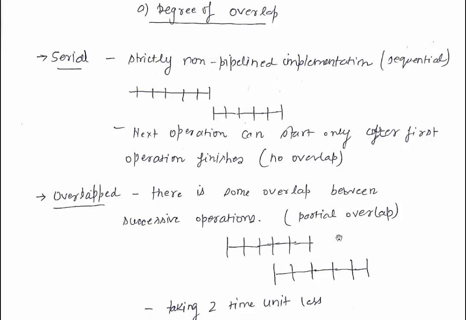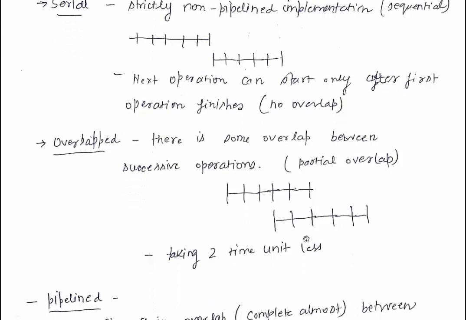Out of these 6 there are only 3 stages which execute in overlapped fashion. So this is partial overlap. When we apply this sort of operation, it saves only 2 time units, because there is a partial overlap for just 2 stages. So it will take 2 time units less only.